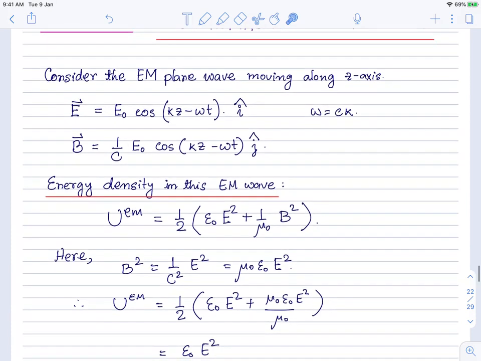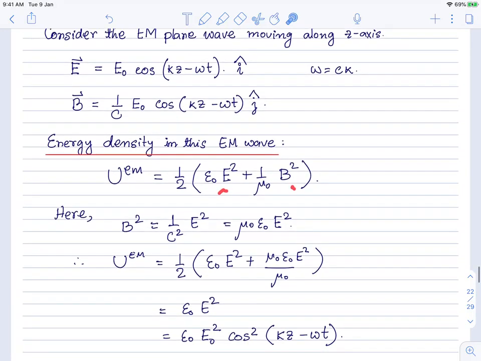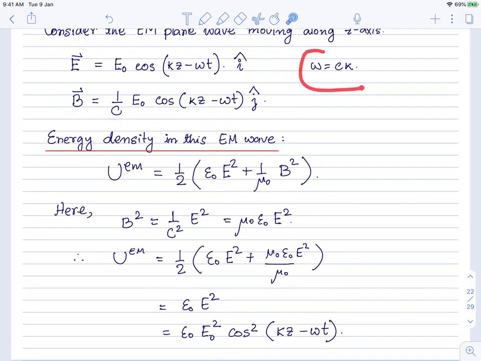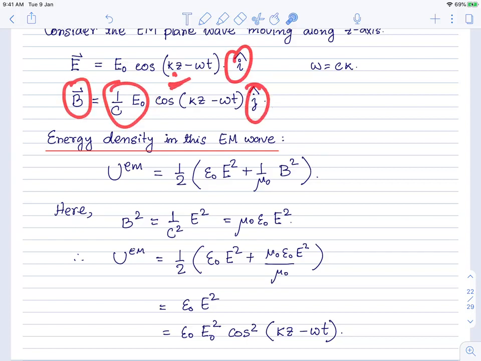This is a well-defined electromagnetic wave where omega equals c times k. This k and omega are related, and also the magnitudes of the electric and magnetic fields are related. They are also orthogonal to each other, and the wave is propagating along the z direction. That is the plane wave.